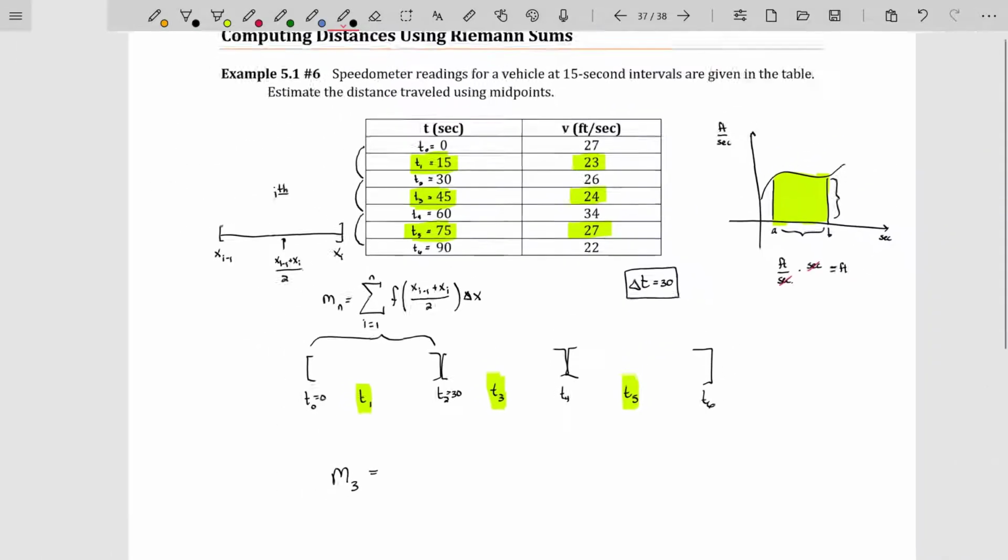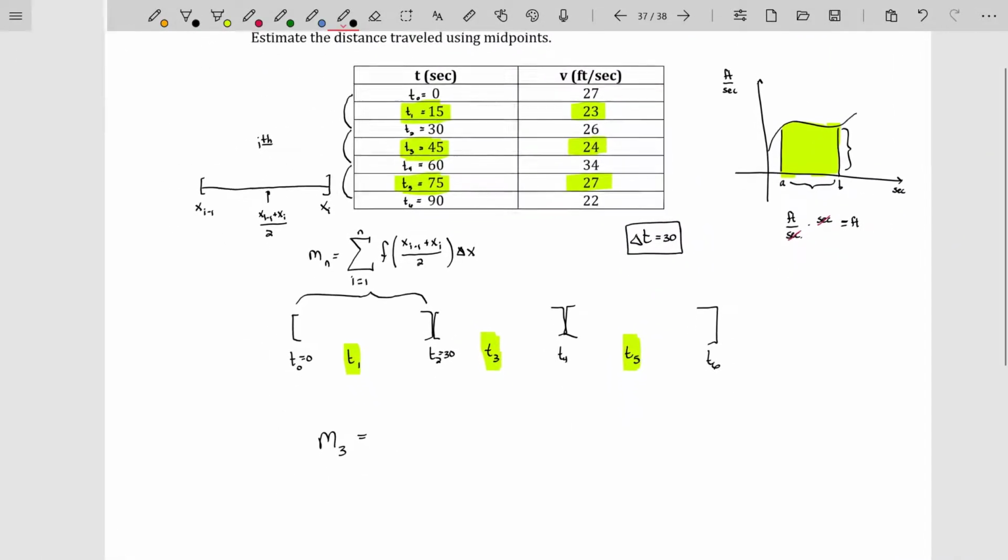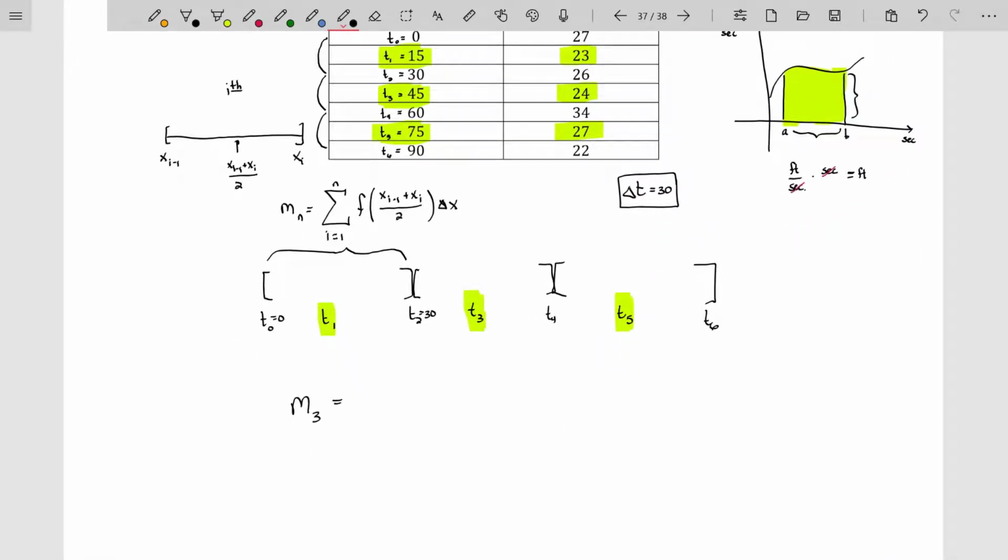We're going to take our function, which is just a velocity function. So I'm going to say velocity at time 1 times delta t plus velocity at time 3 times delta t, and finally plus velocity at time 5 times delta t. And then we're going to insert those values.